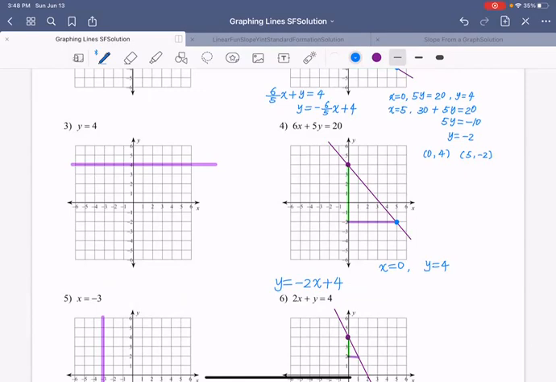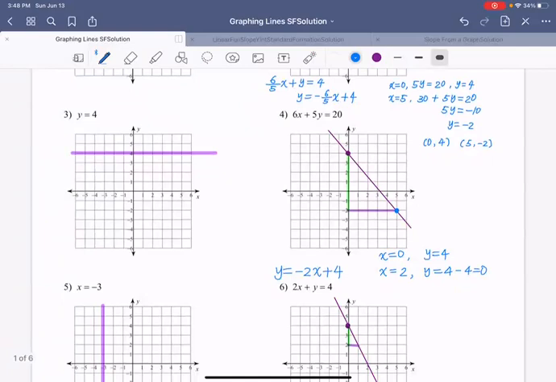If x equals 2, then y would equal 4 minus 4, which equals 0. Very good. You got it. Very nice. Okay. So this line passes (0, 4) and (2, 0). You made it. Good job.